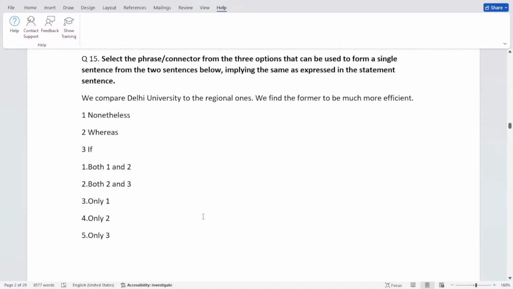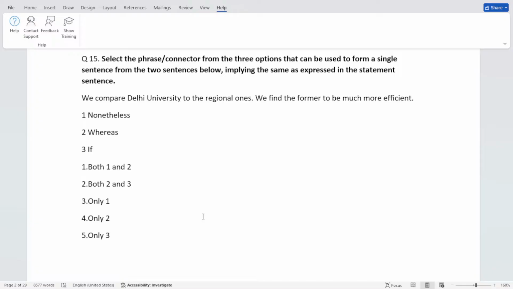Select the phrase connection from the 3 options that can be used to form a single sentence from the 2 sentences below and imply the same as expressed in the statement sentences. We compare Delhi University to the regional ones. We find the former to be much more efficient. Nonetheless, whereas, if. These are the 3 options given. What will be the correct answer? Possible answer we have to see.